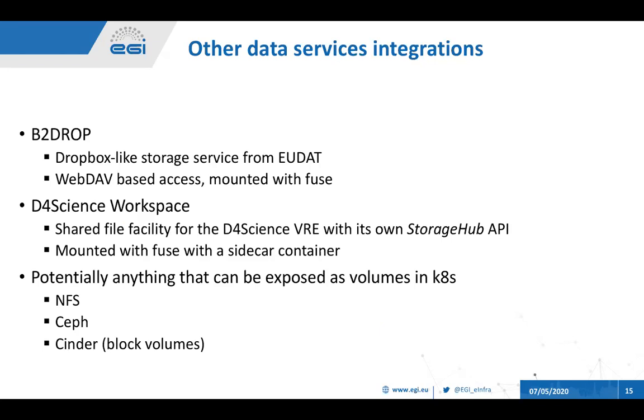Just to tell you that we are quite capable of customizing things and mounting different file systems with different technologies quite easily. Potentially, we can put there anything that can be exposed as volumes in Kubernetes, like NFS, Ceph, Cinder, that's block volumes in OpenStack, or almost anything you can think of.